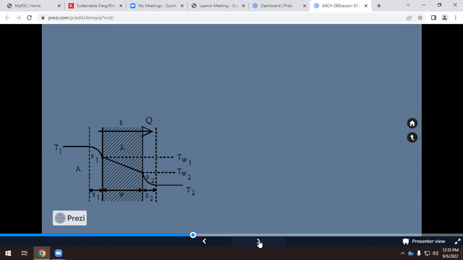We have the internal air, and then we have the external air. Those are 2 invisible layers, but they are there.